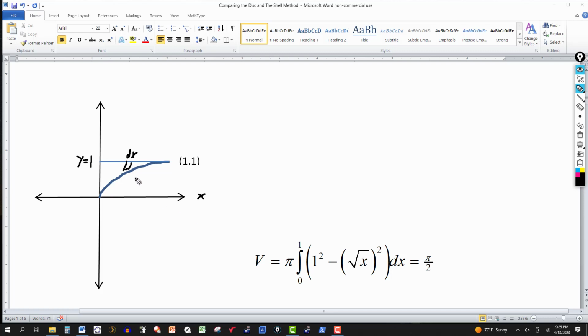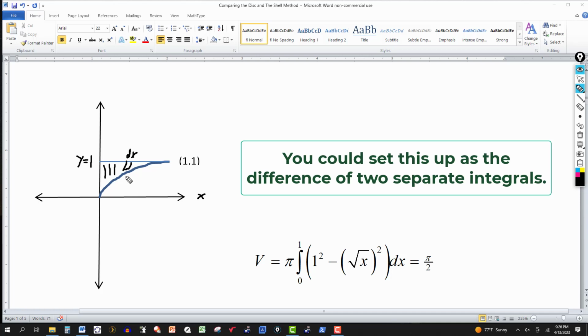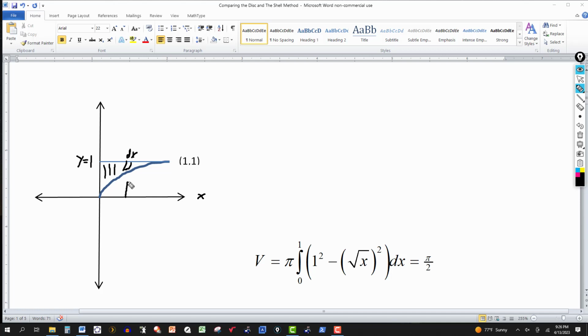So basically we're going to rotate this region about the x-axis, and there's going to be a hole here. So we subtract this. That's why this subtraction is here. The outer radius is 1, and we square that because the volume of a cylinder is pi r squared times the height. Then we subtract the inner radius, the distance from the axis to this particular point.